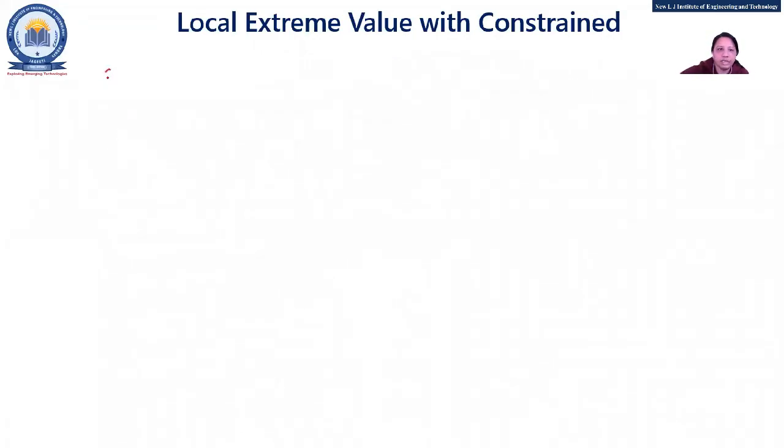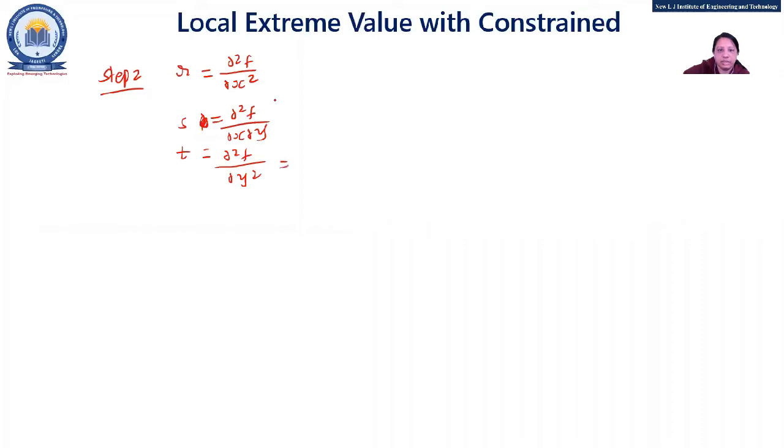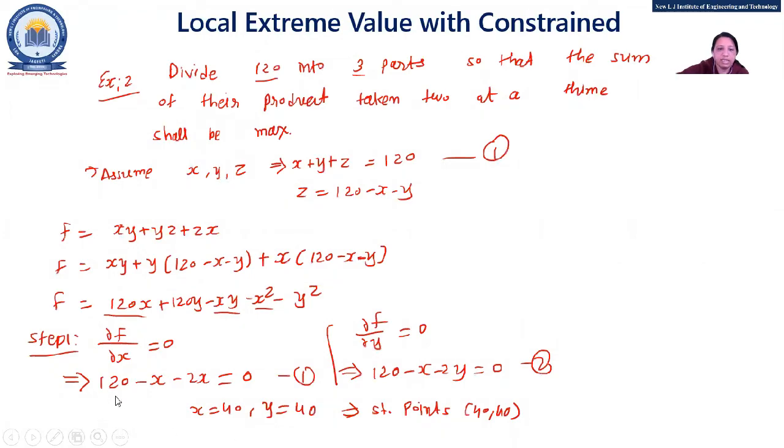Step 2 is, you need to find out R, S and T. R is del 2f upon del x square, S is del 2f upon del x del y, and T is del 2f upon del y square. From this equation, del f by del x, so del 2f by del x square is what?